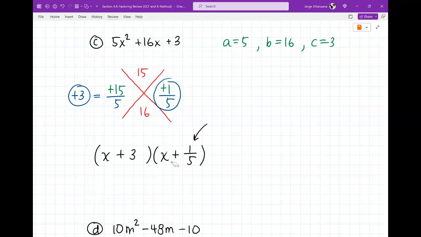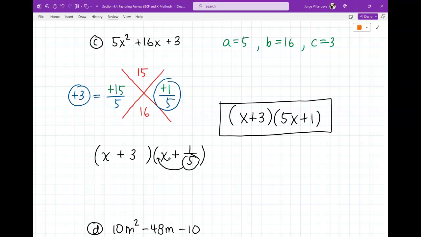So I always tell my students when I teach it, bottoms up, get the bottom number. Put it in front of the letter. So this is going to be your answer. X plus 3, 5x plus 1. If it has a bottom, you bring it up. So anything that's a fraction, you're going to get the denominator and move it to the front of the variable.